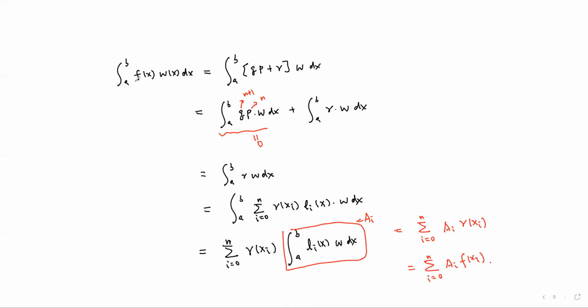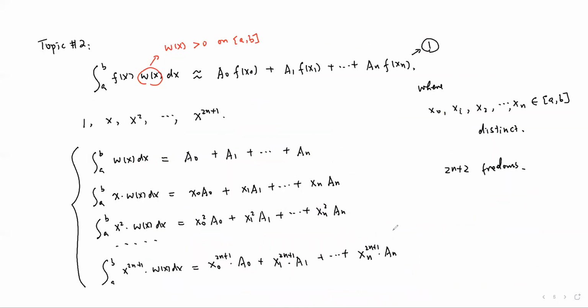So for any polynomial from this set of degree at most 2n plus 1, we have equality. In other words, for any such f we have equality in this approximation.